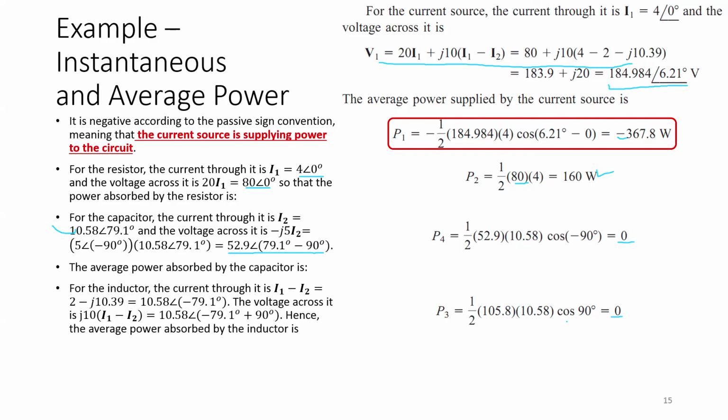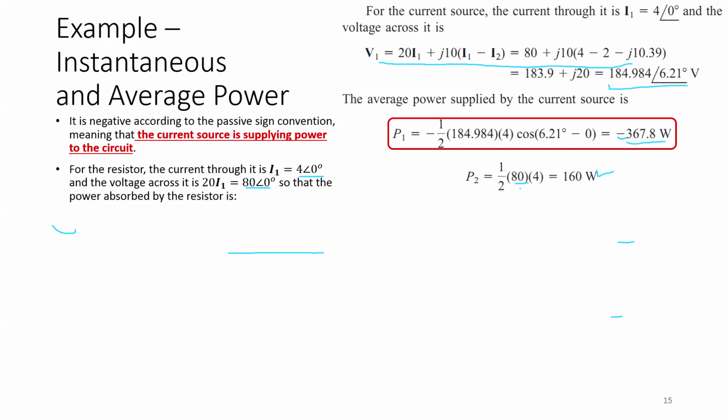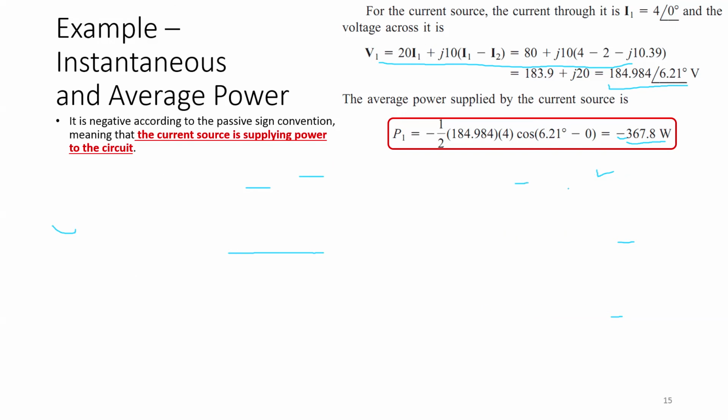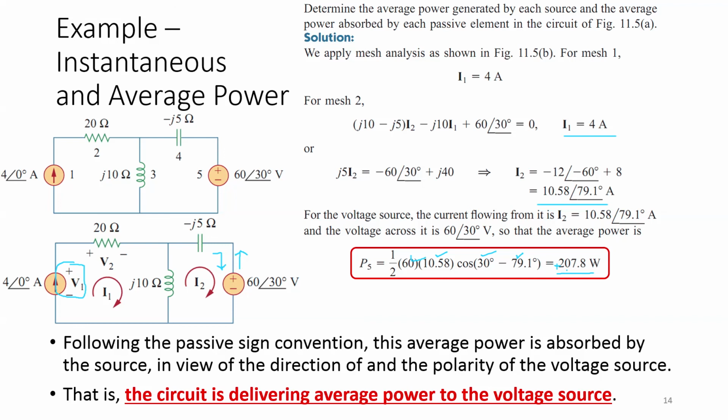So from this, we can see that the power supplied in this circuit is 367.8 watt from the current source, whereas the power absorbed by the resistor is 160 watt, and the power absorbed by the other voltage source is 207.8 watt.